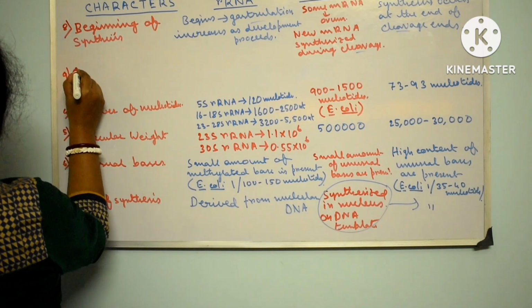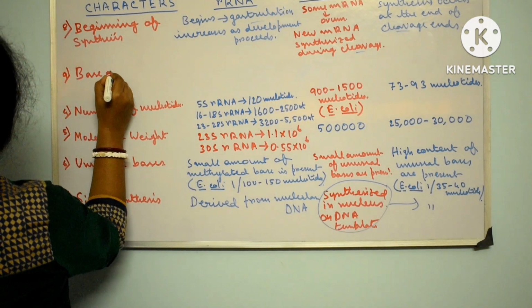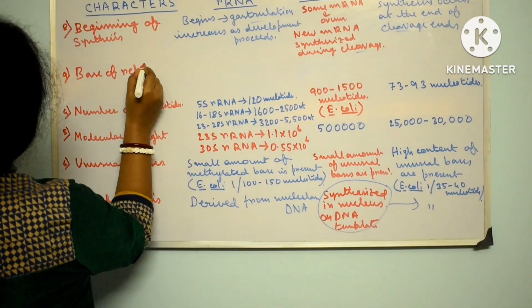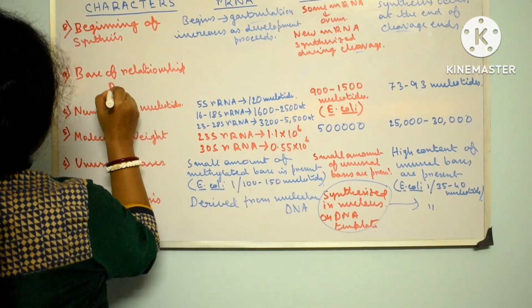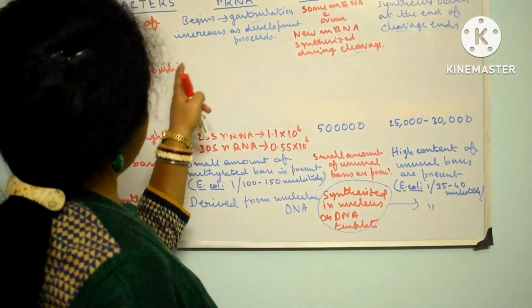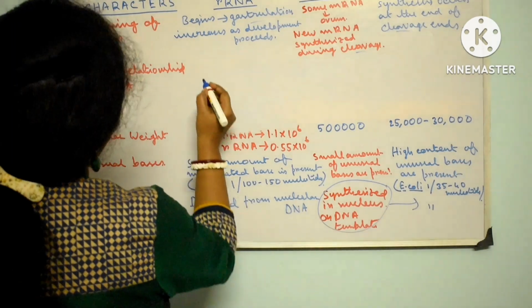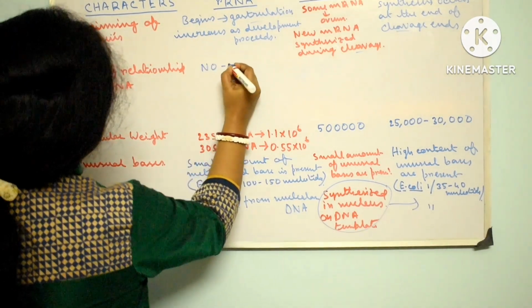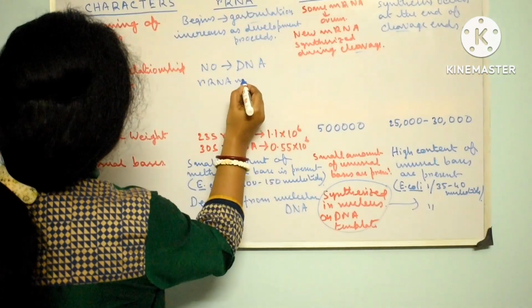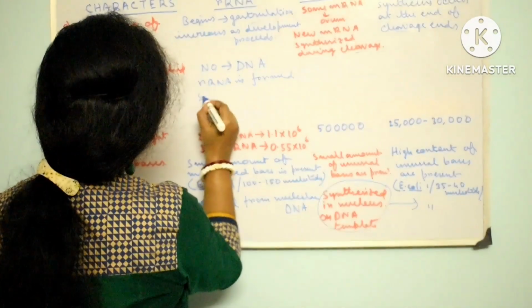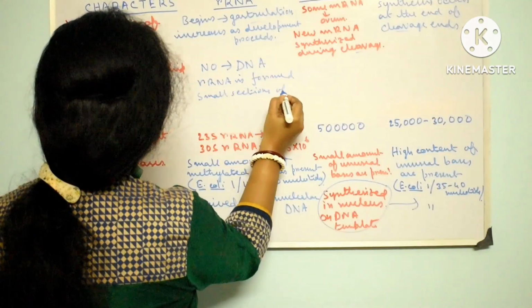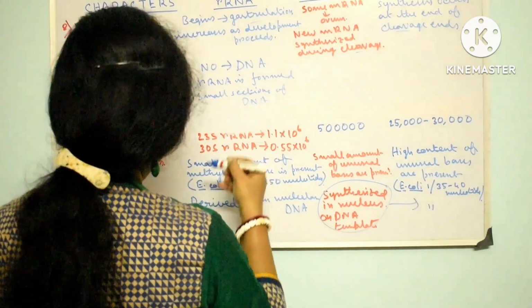So the next character is relationship to DNA. In case of rRNA, there is no obvious relationship to DNA because rRNA is formed from small sections of DNA.